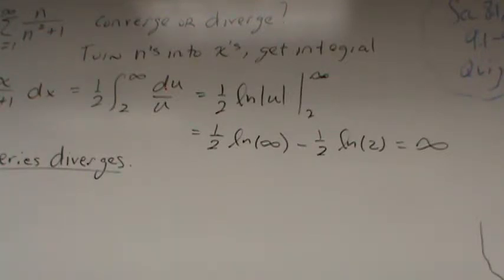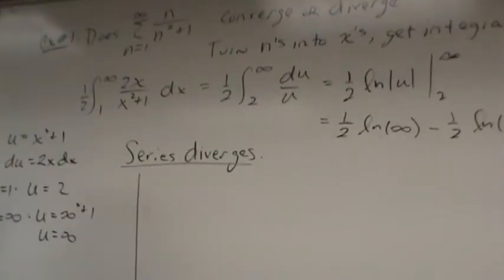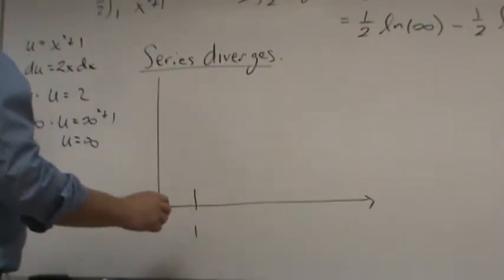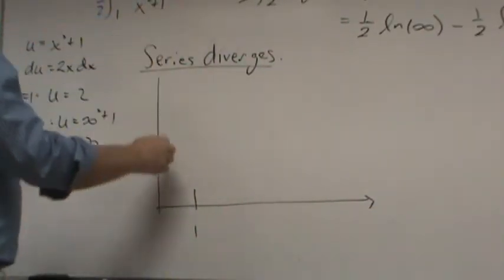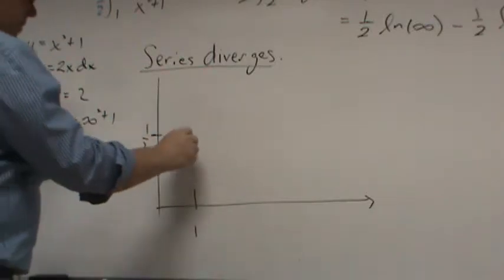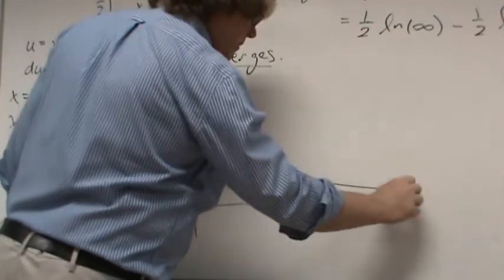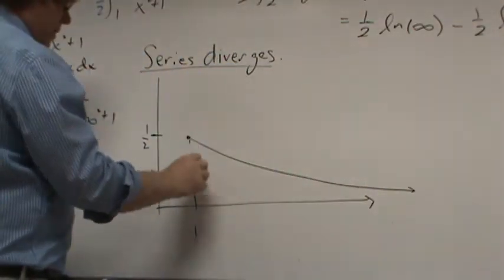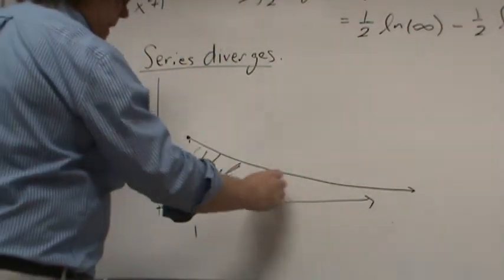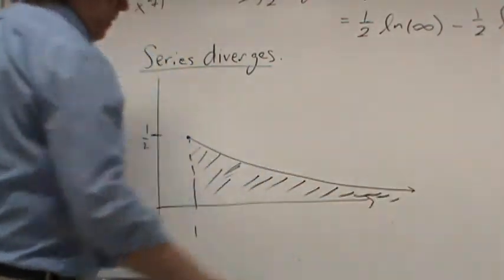Here's why this works. When x is 1, y is a half, and I'm going to get the area under this curve.